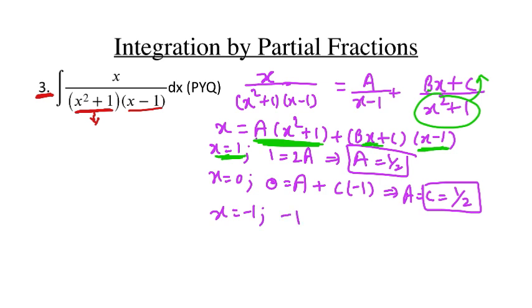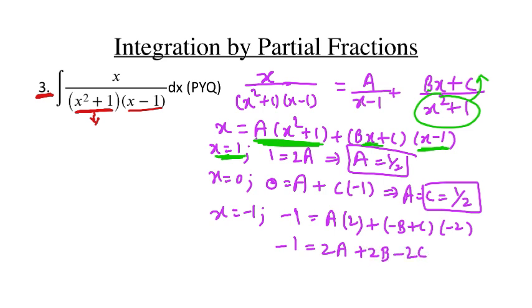When we put it on both the sides, we will get minus 1 is equal to a into minus 1 ka square plus 1, so 2, plus b into minus 1 will give you minus b, plus c into you will get minus 2, which makes it minus 1 equal to 2a. Then you further have plus 2b, and then you will have minus 2c.